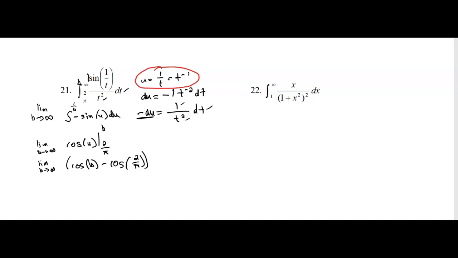All right. Then 2 over pi, if I substitute that in here, my lower limit becomes a pi over 2. As soon as our t's become u's, our variables need to change accordingly. So that would also mean here, let's rewrite these guys.